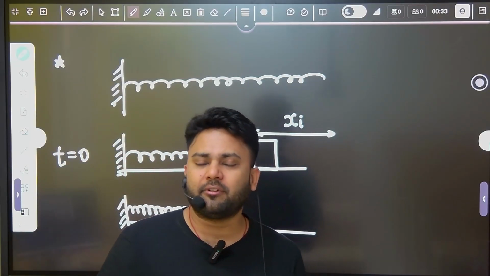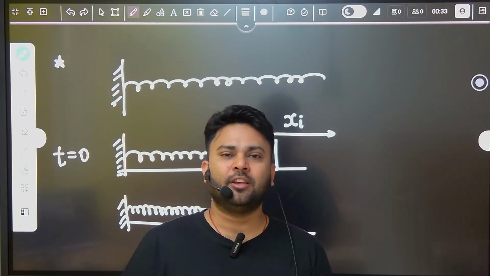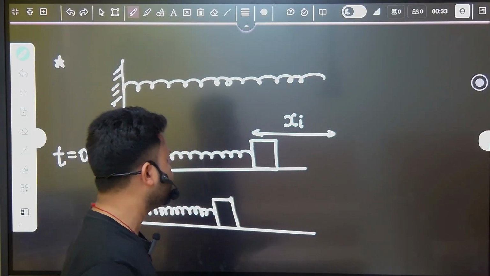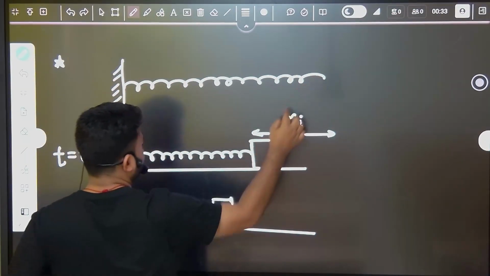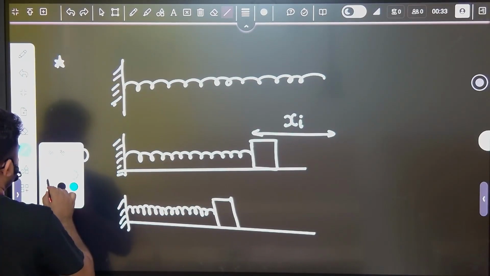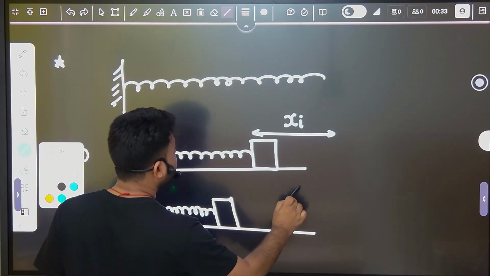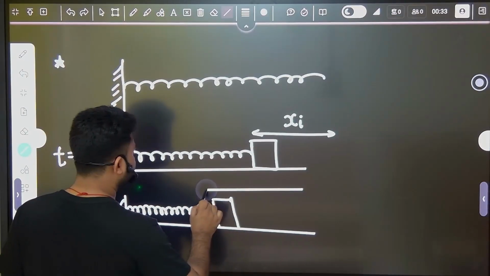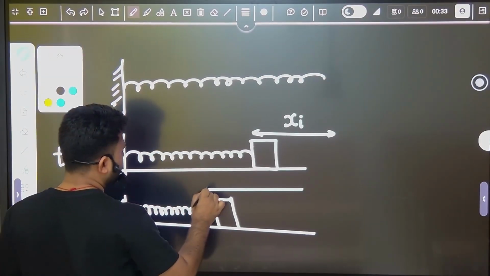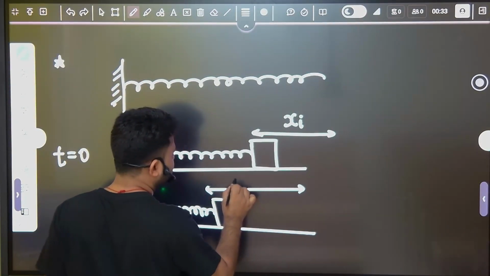Remember, mark my words, from the natural position, how much distance it has been compressed. Means from this point, how much it has been compressed. So we can see from this point, it is compressed this much. So this is x final.